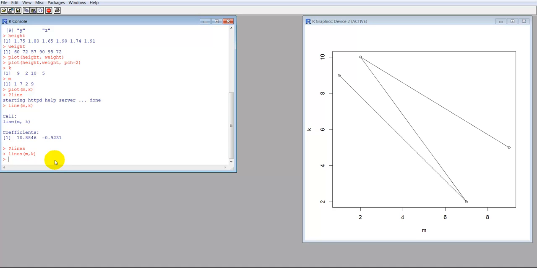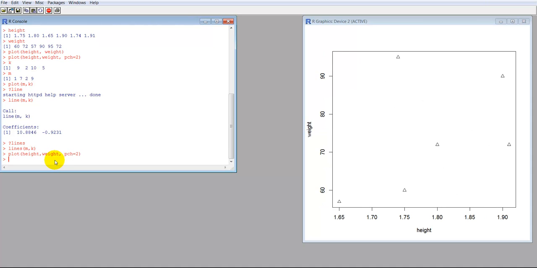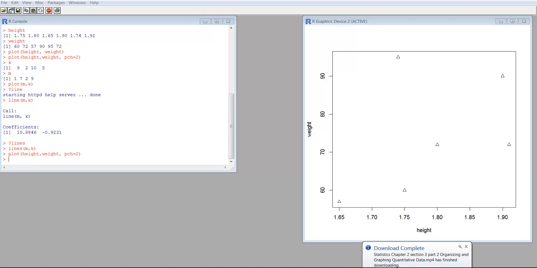Now, let's go back and replot what we had before. I'm hitting the up arrow key. Which one did I want? I want this one. Let's go back and plot this. Now what I want is a line, well, let me explain a little further first.